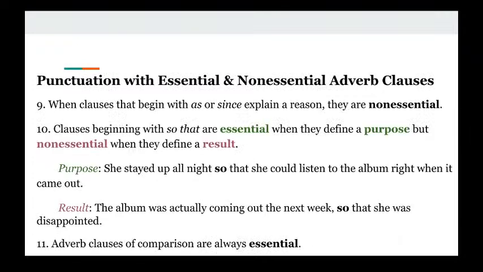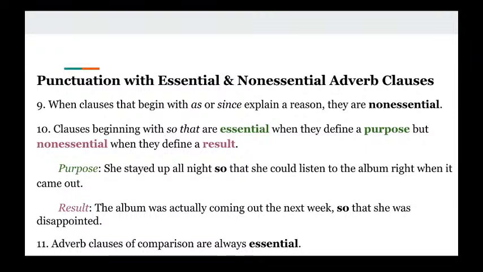Okay, and the last set of rules, sorry, there's a lot for this one, but number 9, when clauses that begin with as or since explain a reason, they are non-essential. And for 10, I gave a little example because it can be confusing to read the rule by itself, but this goes along for all the other rules. If you're confused, I recommend checking out lesson number 6. But rule number 10, clauses beginning with so that are essential when they define a purpose, but non-essential when they define a result.